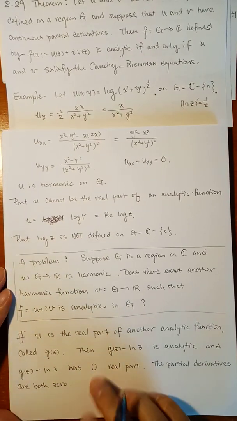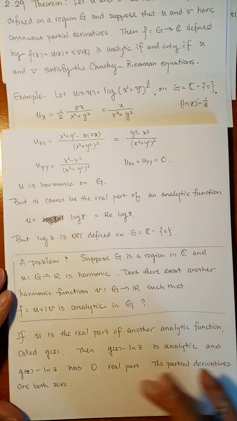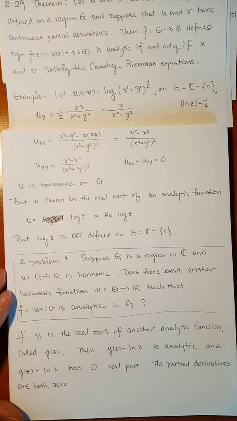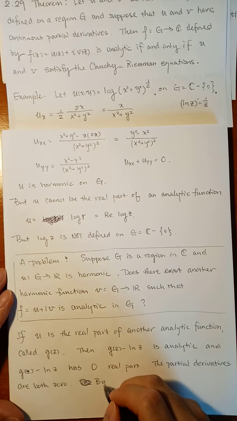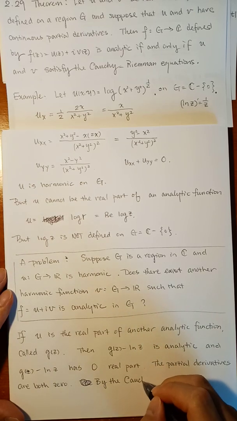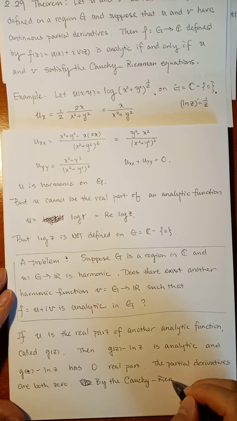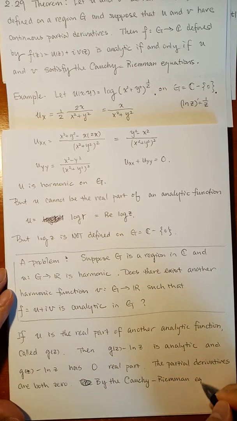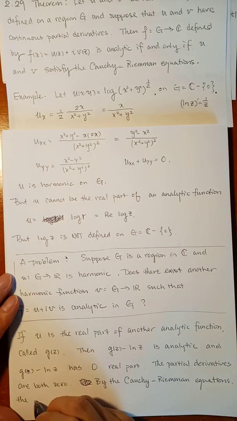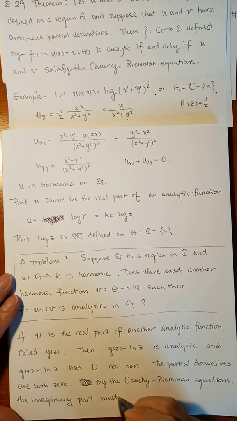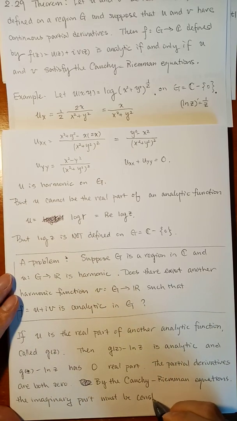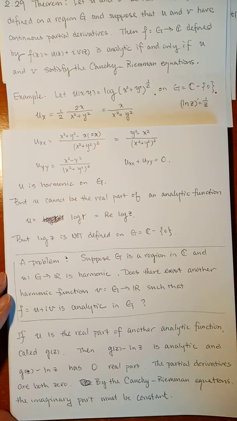The difference has no real part, so the partial derivatives of that part are both zero, and then for the imaginary part, by the Cauchy-Riemann equations, the imaginary part must be constant.